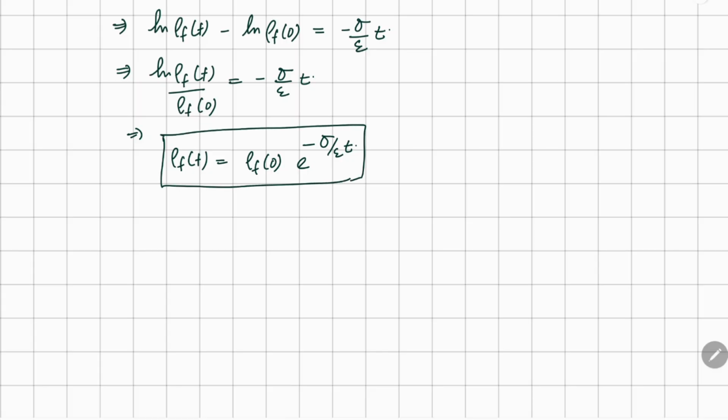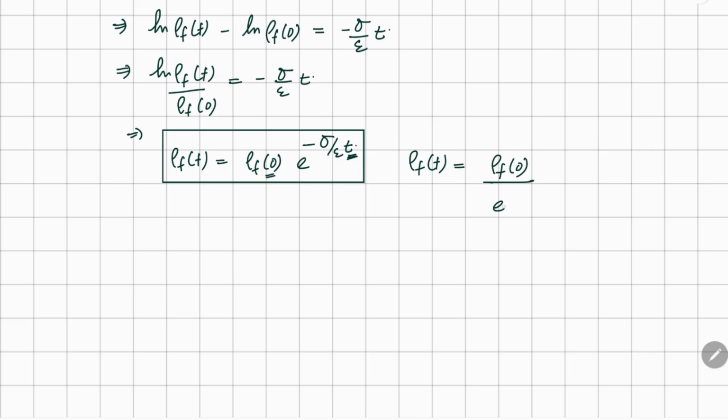What it says, now check yourself: initially when t equals 0, its value is rho_f0. But as time increases, I can write it in a different way: rho_f(t) equals rho_f0 divided by e to the power sigma by epsilon t. Initially at t equals 0, this is e to the power 0, which is 1, so it has a value of rho_f0.